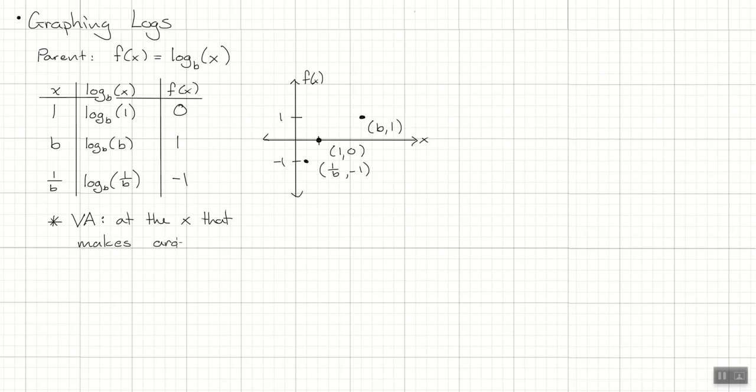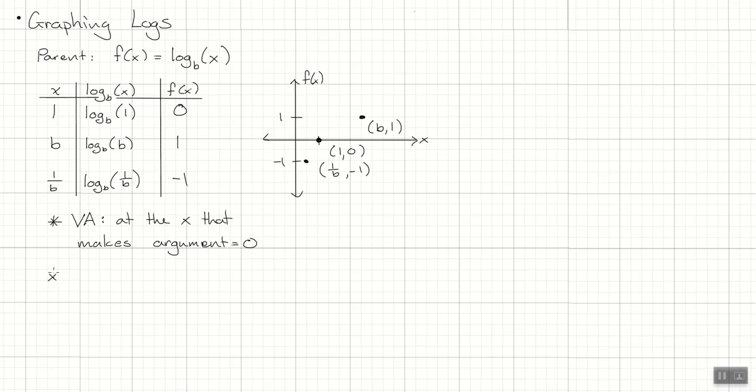I'm going to shorthand argument in the future with arg. Whatever it happens to be, and our arguments can get ugly and gross, that's fine. Just set the argument equal to 0 and you get the asymptote.